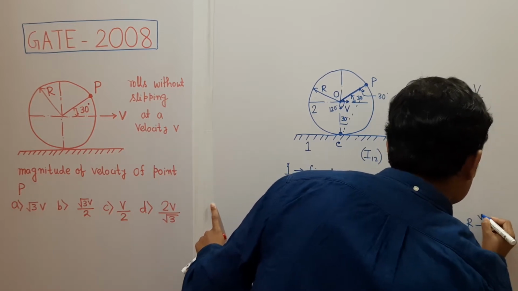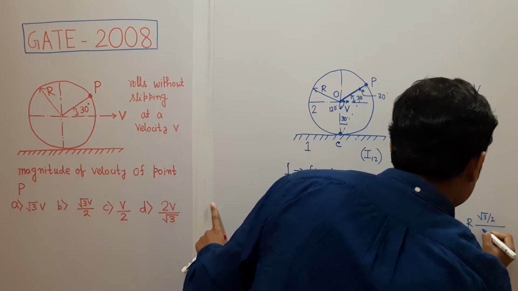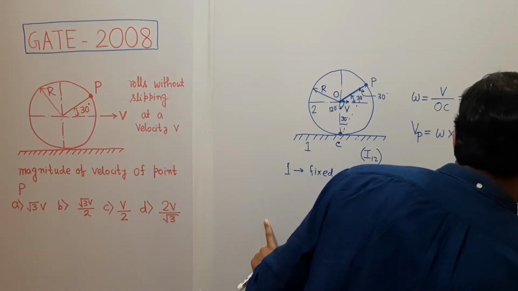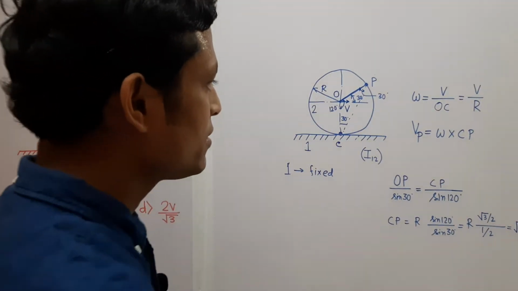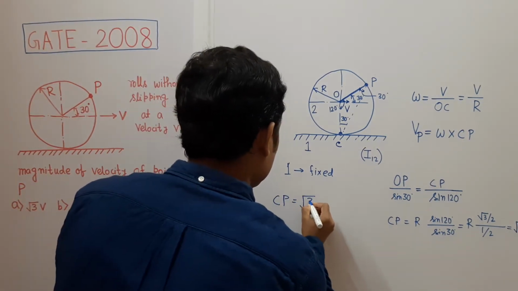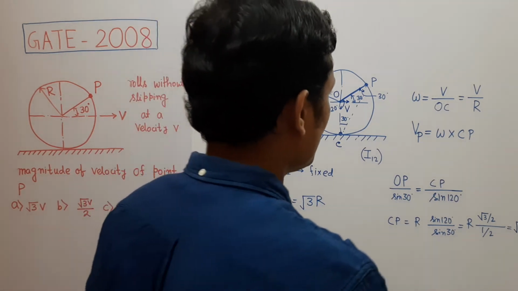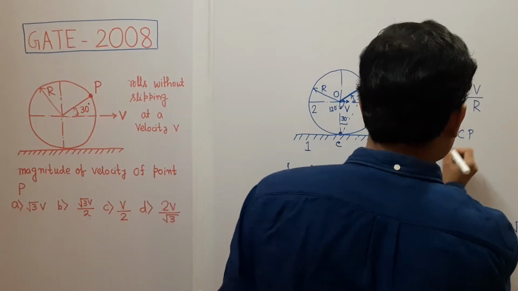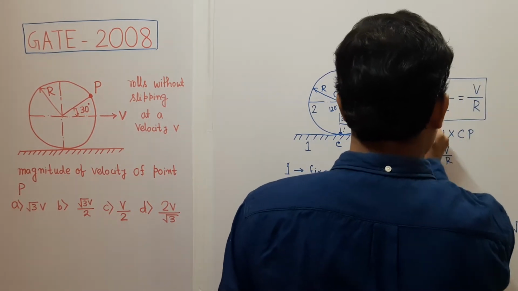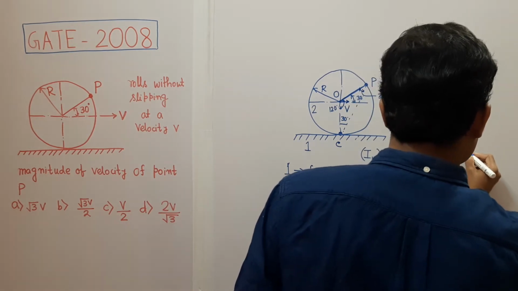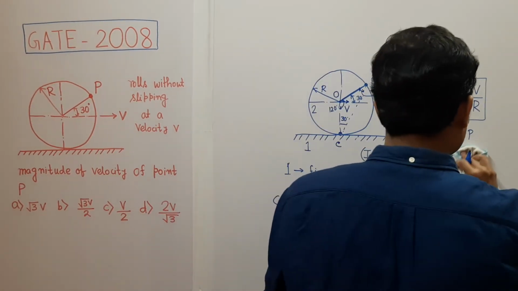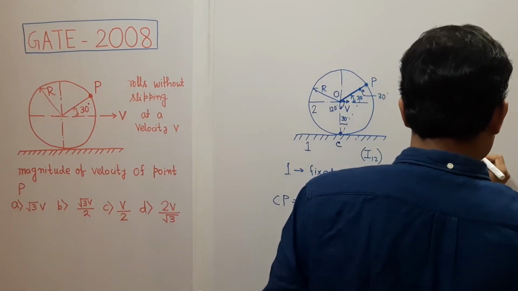Sine 120 is root 3 by 2 and sine 30 is half, so this becomes root 3 r. So the distance CP becomes root 3 r. Putting in the values, Vp is omega, which is v by r as we have already determined, times CP, which is root 3 r.